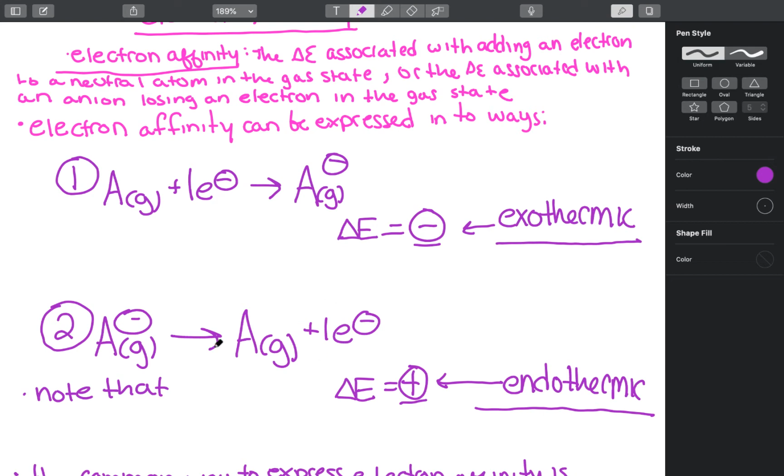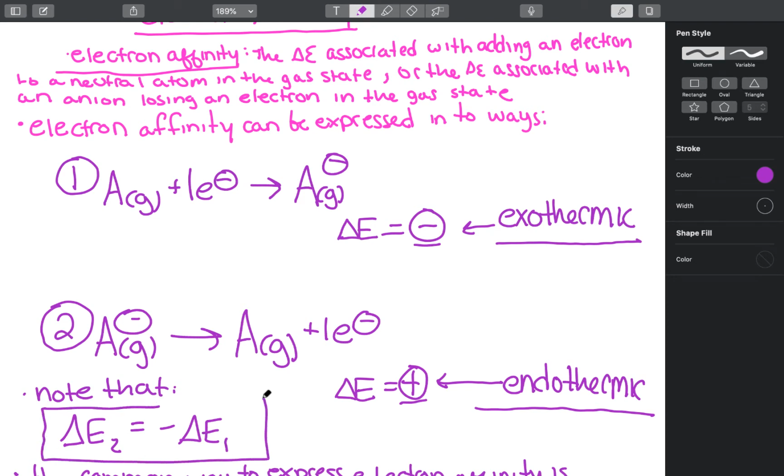So note that the change in energy associated with process 2 is equal to the negative of the change in energy associated with process 1. And that's because you are just reversing the reaction, so we just change the sign. And remember that endothermic is when you take in energy or heat, and exothermic is when you give off energy or heat.